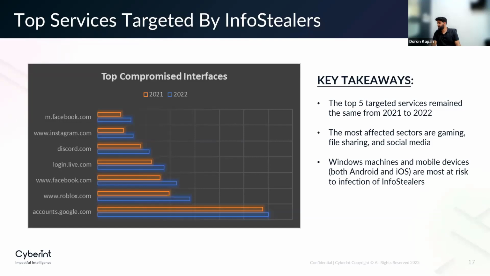In the key takeaways, the third bullet, Windows machines and mobile devices, both Android and iOS, are most at risk of infection by InfoStealers. By the way, iOS is less likely to be infected because of its strict security measures. So Android and Windows are definitely the ones most at risk.